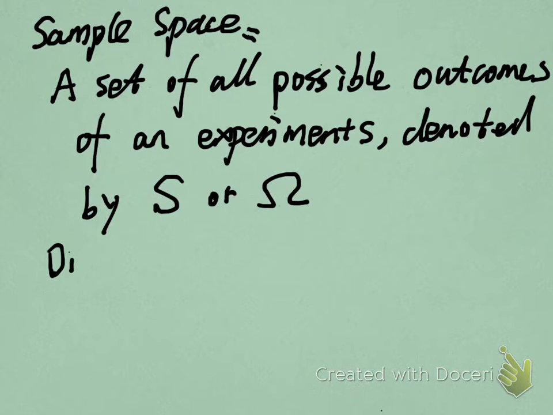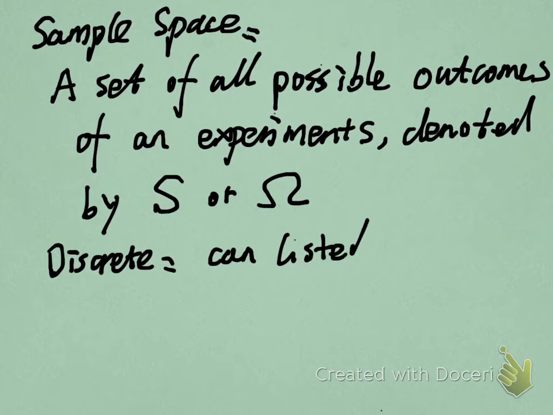The first one is a discrete sample space. So what is a discrete sample space? If the elements inside the sample space can be listed, we generally call this a discrete sample space. There are many examples of this.